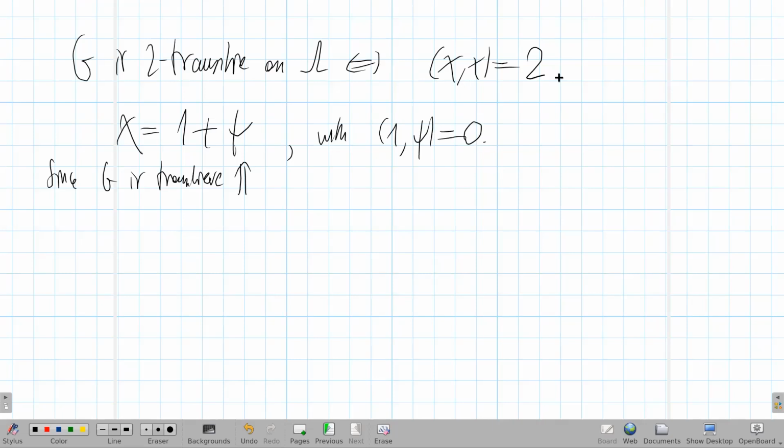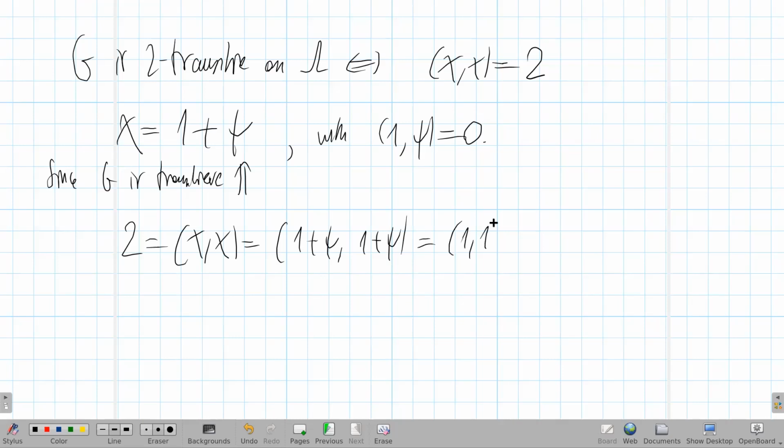And then we know that this is 2. So this is the inner product of 1 plus psi with 1 plus psi. This inner product is distributive. And these two cross terms are 0, okay?